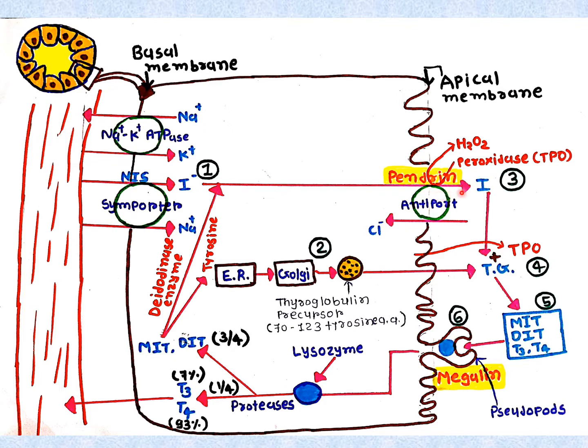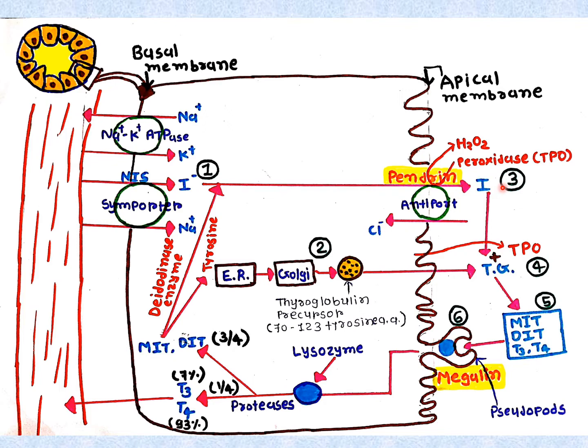Okay, so now we have oxidized iodide, and that is iodine. Basically, negatively charged iodide cannot bind with the tyrosine amino acid until it gets oxidized. So iodide is converted into iodine, and we require the peroxidase system.